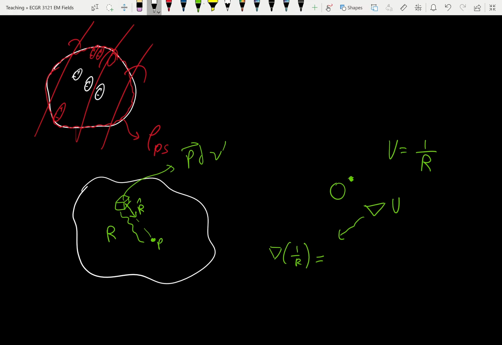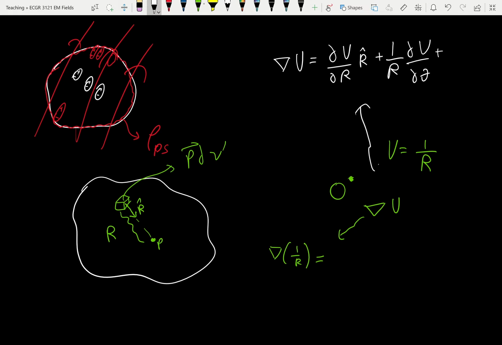Well, if you recall, the gradient for a scalar field u in spherical coordinates is du over dr r hat, plus 1 over r du over d theta, plus 1 over r sine theta du over d phi, right? Now I'm interested in the gradient of 1 over r, right?